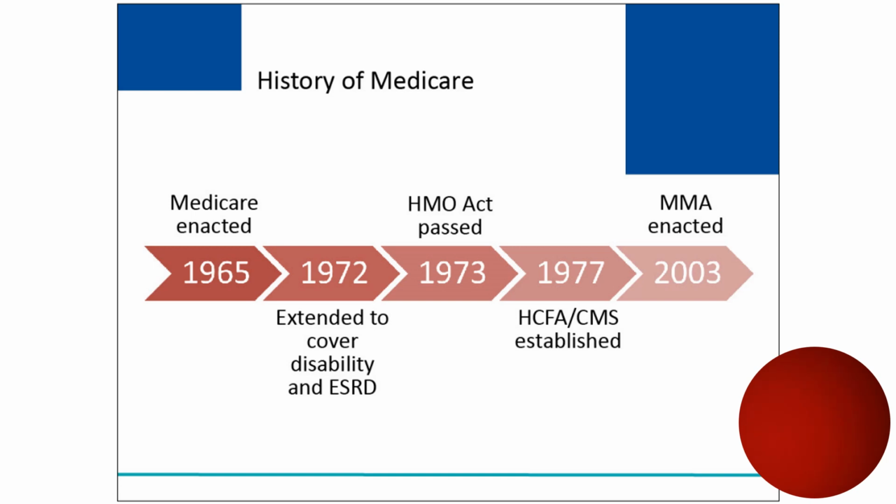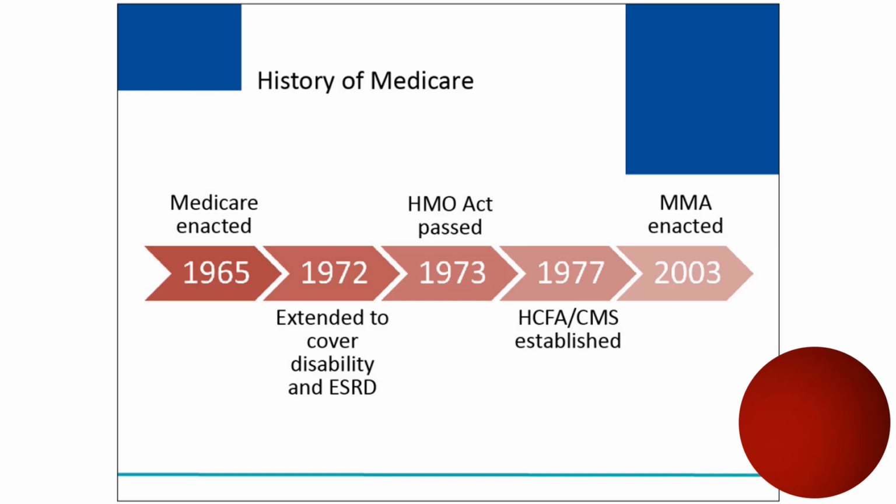History of Medicare. In 1965, Medicare was enacted as health insurance for the aged, Title 18 of the Social Security Act. Medicare extended health coverage to almost all individuals aged 65 or older, i.e., those receiving retirement benefits from Social Security or the Railroad Retirement Board. Medicare eligibility was extended to individuals under age 65 with long-term disabilities and to individuals with ESRD in 1972.